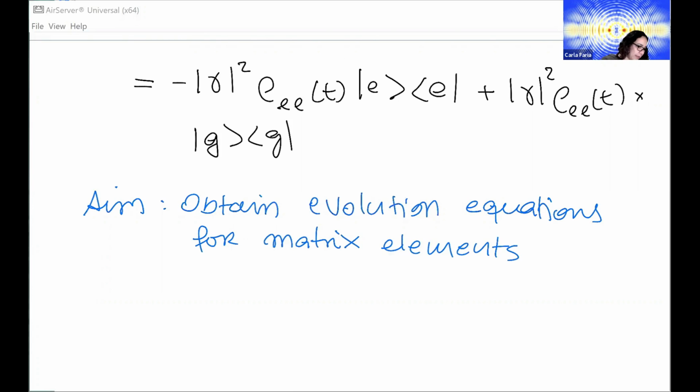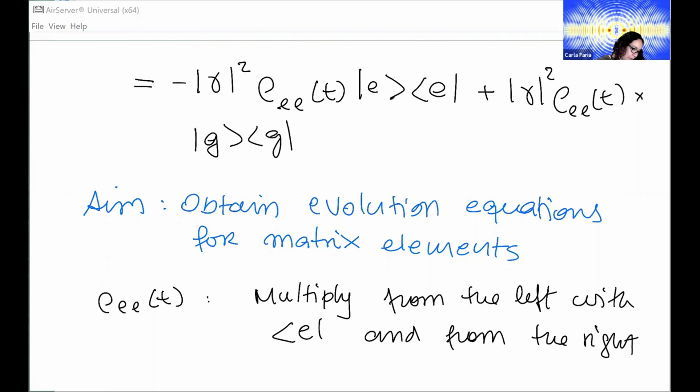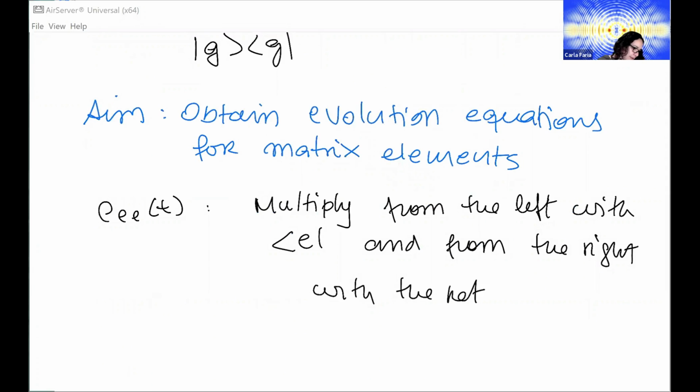And what I'm going to do then, I'm going to multiply from the left with E and from the right with E, because here they are going to free this guy first. So I multiply from the left with the bra E, and from the right with the ket E.